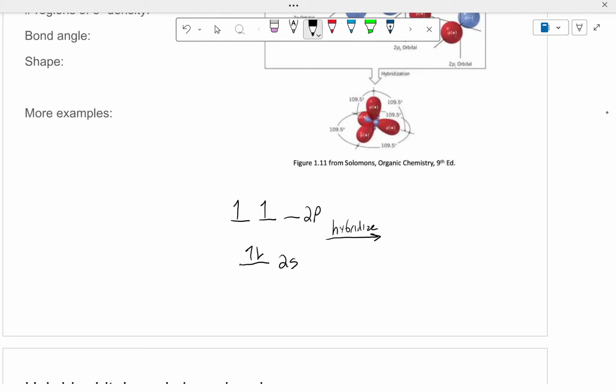And when that blender is done, you end up with four sp3 hybrid orbitals. And since I started out with 4 electrons in the valence shell, I'm going to put 1 electron in each of those hybrid orbitals.